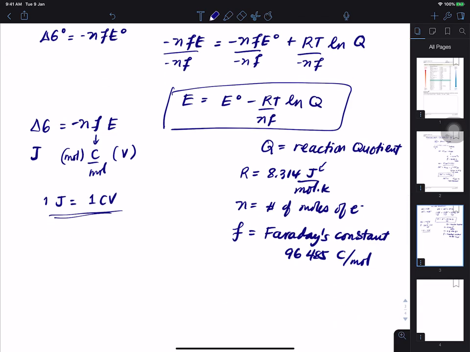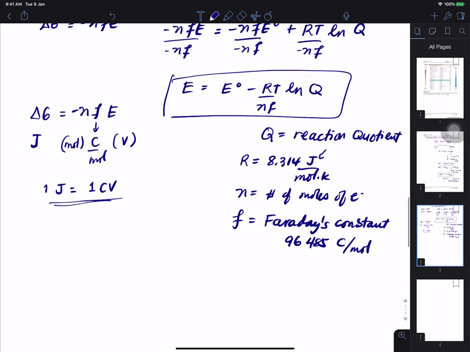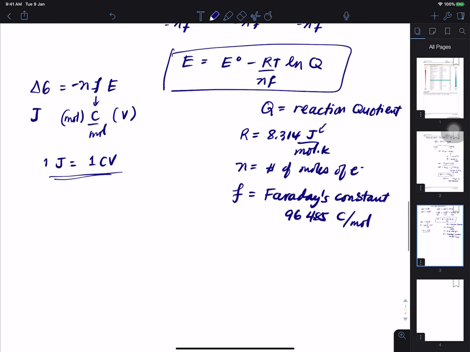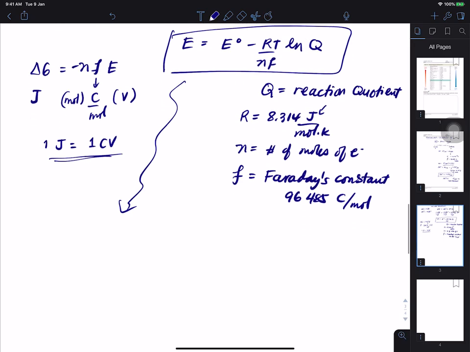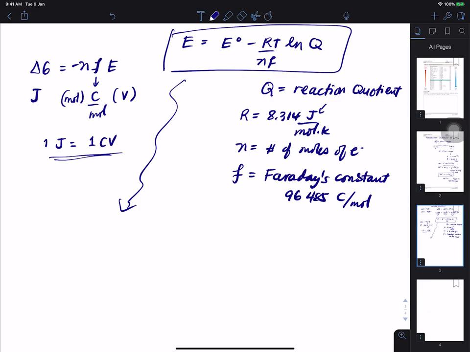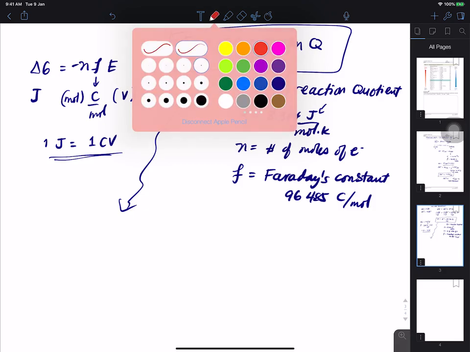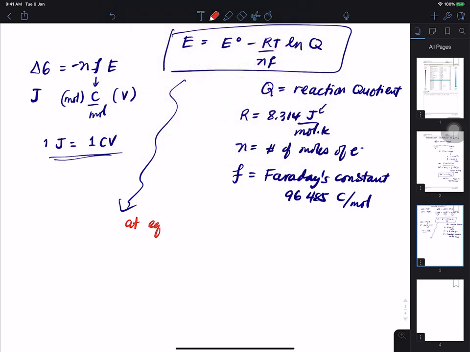He's also the one who named the anode and the cathode that we use now for our voltaic cell. So let's continue. The Nernst equation can be reduced into a smaller type of equation if we set it at equilibrium. What do we have?